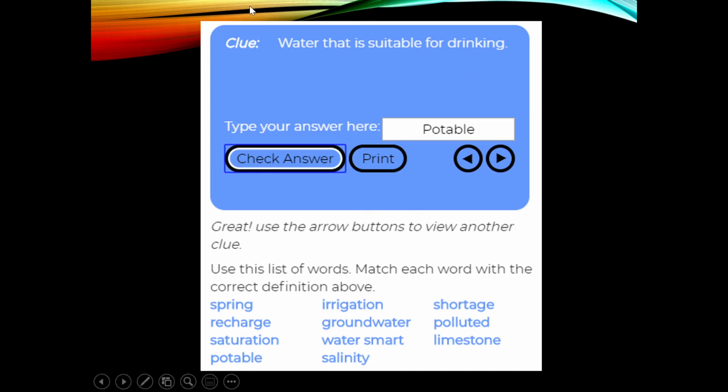Only read the definition, type down the word that you consider is correct, and then click on check your answer to see if you got a correct answer. You need to continue until you have completed all of the words from this table. So go ahead, I will be waiting for you. And once you are done, please come back.